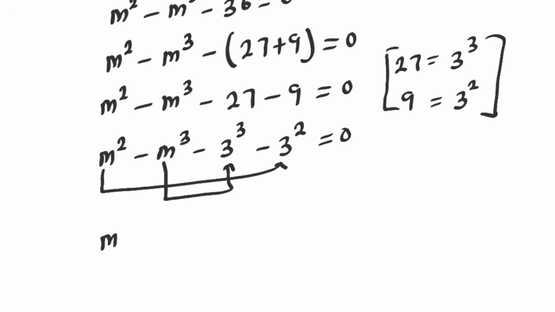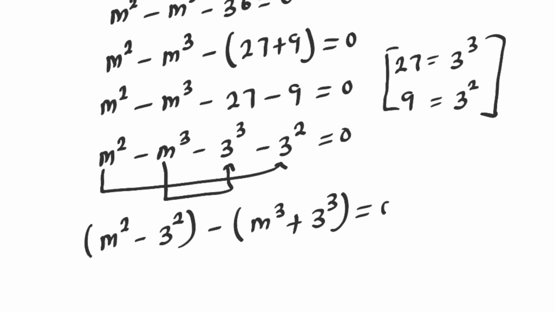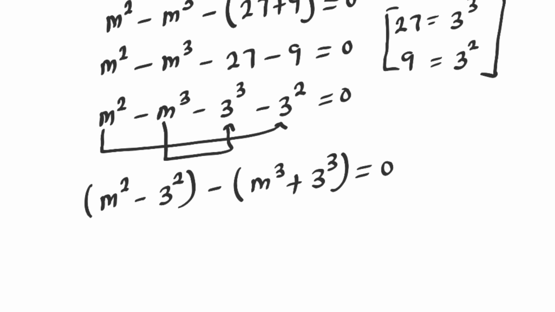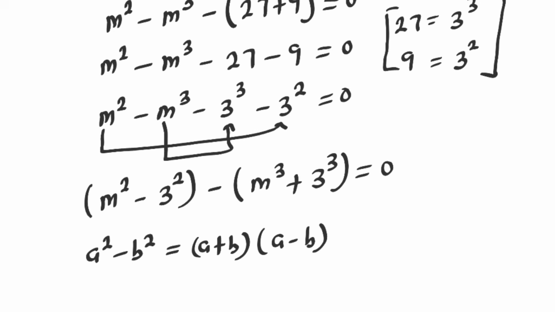We have m square minus 3 square minus this m raised to power 3 then plus 3 raised to power 3 is equal to 0. Take note of this, that if you have a square minus b square, this is equal to a plus b bracket a minus b.